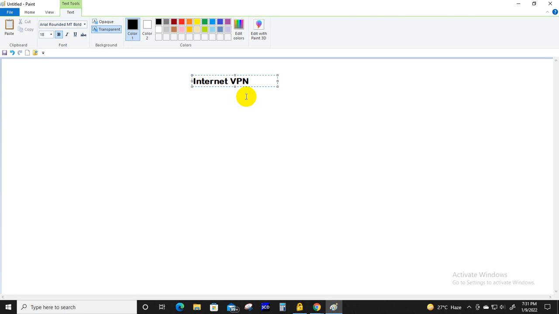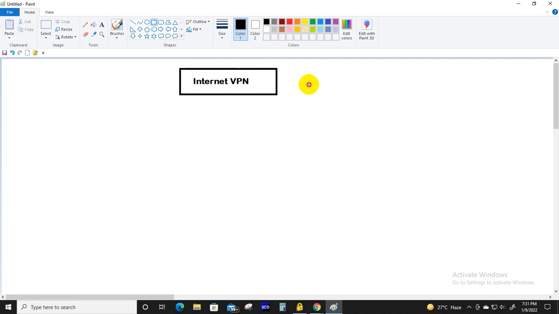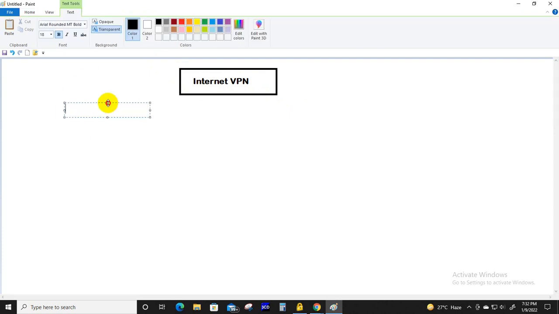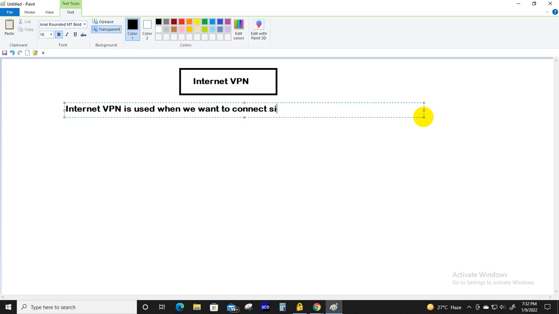Basically, Internet VPN is used when we want to connect sites together over internet.